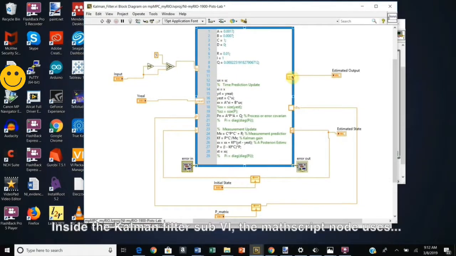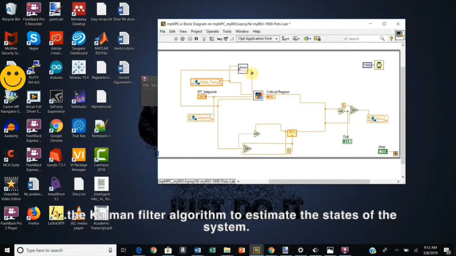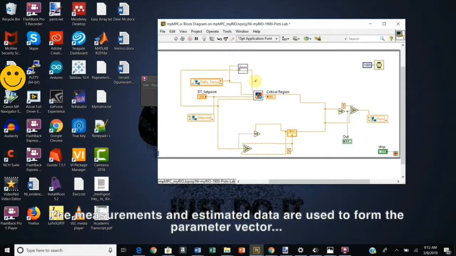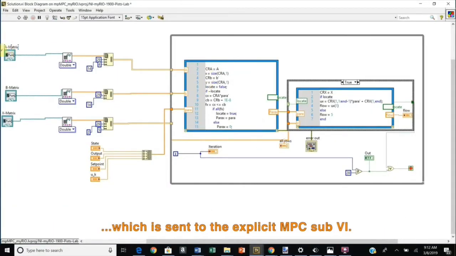Inside the Kalman filter sub-VI, the MathScript node uses the Kalman filter algorithm to estimate the states of the system. The measurement and estimated data are used to form the parameter vector, which is sent to the Explicit MPC sub-VI.